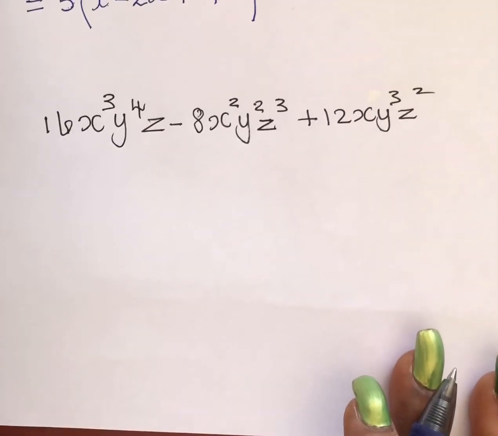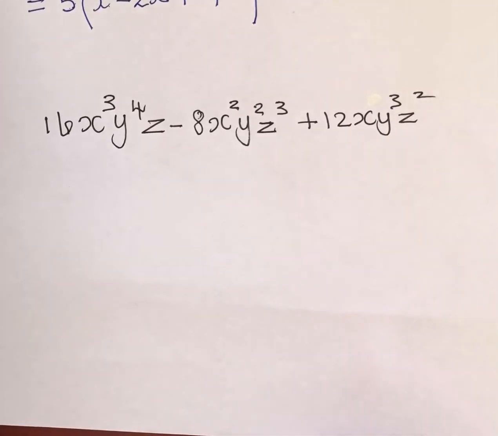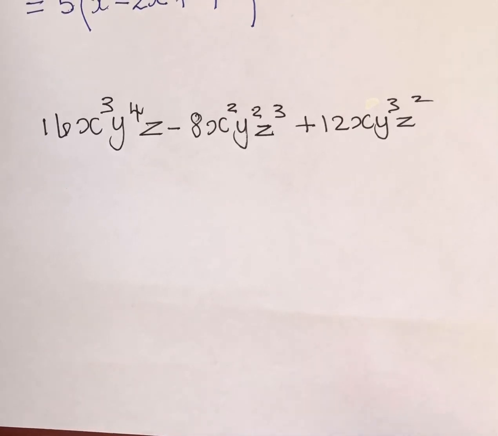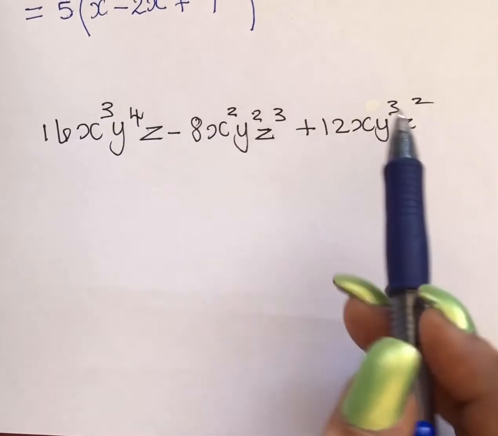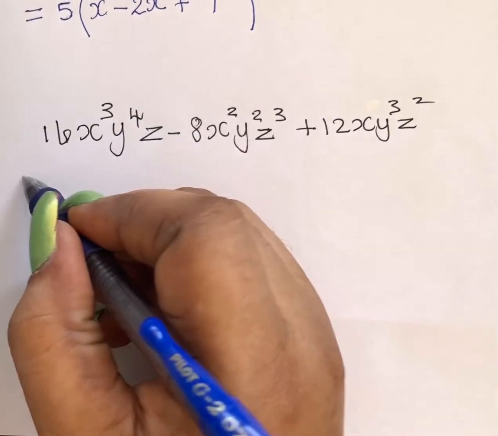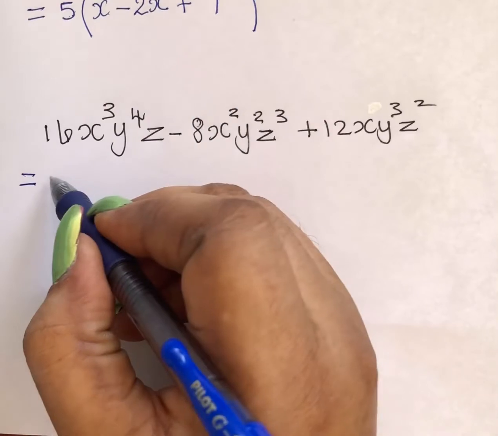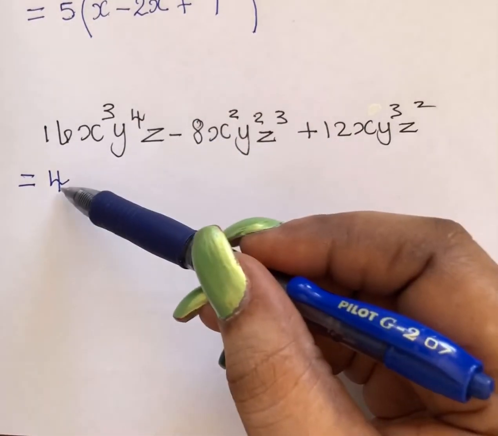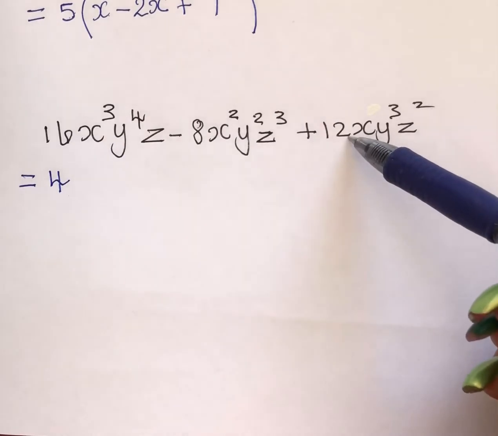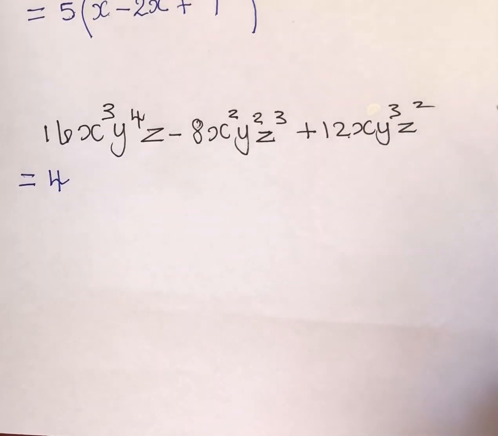Now our third one might seem a little more complicated, but it's not really. We dissect and we use the same concept of finding our greatest common factor. We have 16, 8, and 12. What is the highest common factor? 4. Because 4 will go into 16 4 times, it goes into 8 twice, and it goes into 12 3 times.